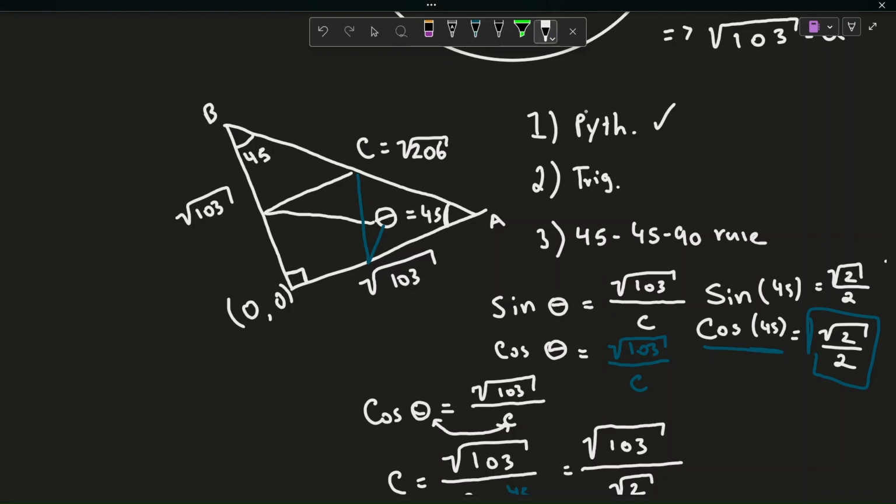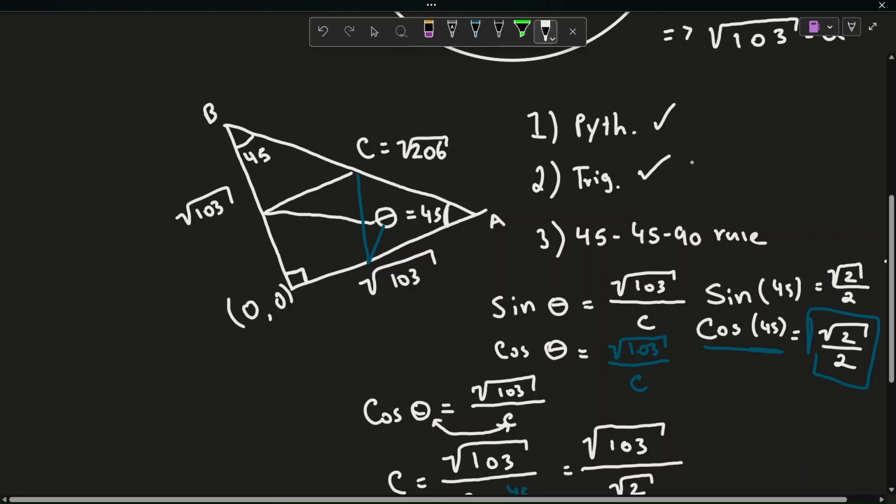So we used trigonometry and the Pythagorean theorem, and we got the same answer for both methods. And the remaining method is the 45-45-90 degree triangle rule.